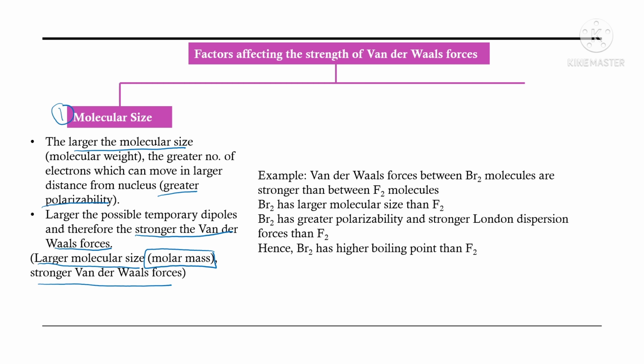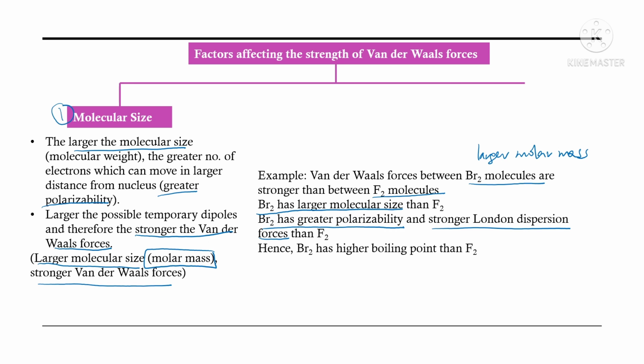For example, between a Br2 molecule and an F2 molecule. The Br2 molecule has a larger molar mass. Therefore, the Br2 molecule has a larger molecular size than the F2 molecule. And the Br2 molecule therefore has greater polarizability and therefore stronger van der Waals forces between the molecules compared to F2 molecules.